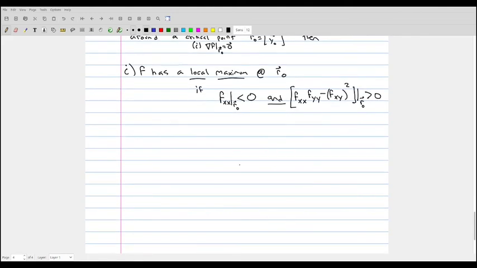And the reason is that these two conditions tell us exactly that the Hessian matrix at the point is positive definite. This is a condition from linear algebra that we're not going to explain in this course, because I'm just going over multivariable calculus.